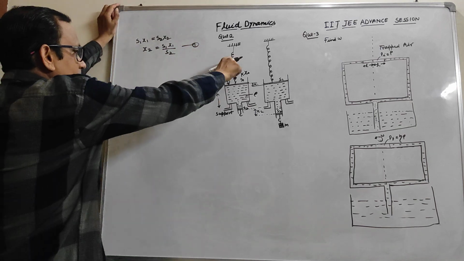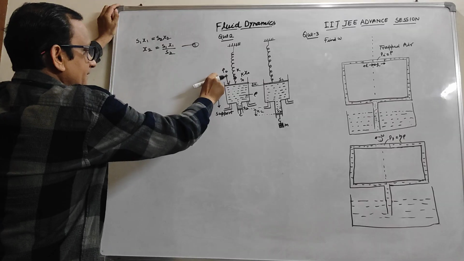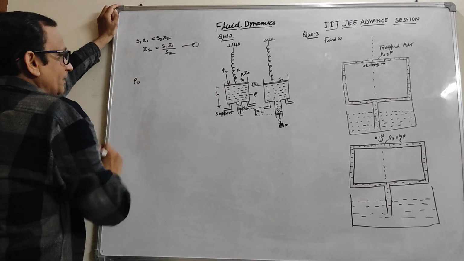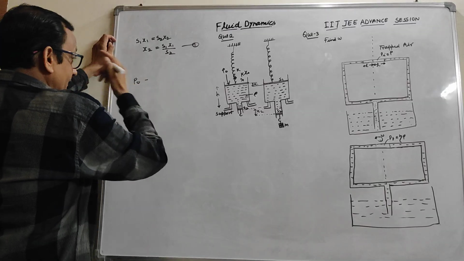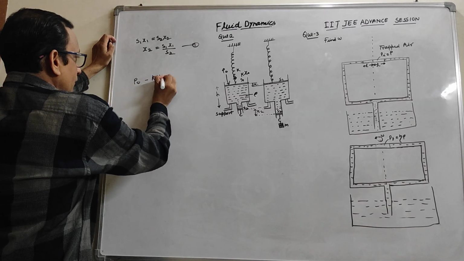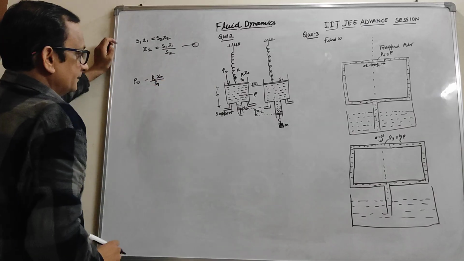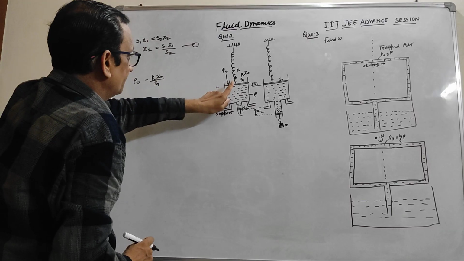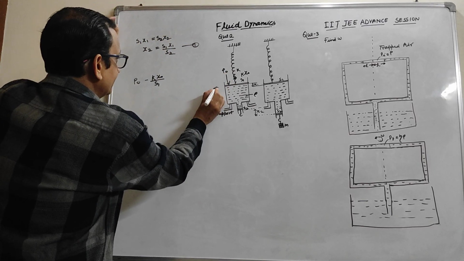Thereafter we have to write the pressure equation. In the initial condition, P naught pressure is applied minus spring force upon area S1. This pressure is applied in the downward direction and the spring force in the upward direction, so we subtract it.